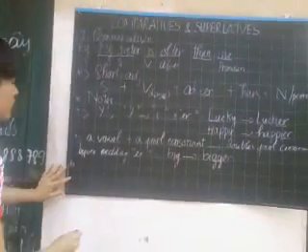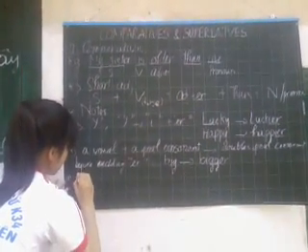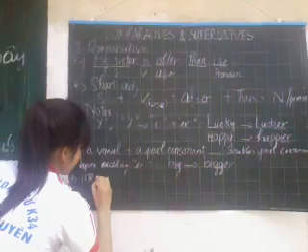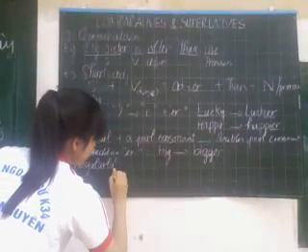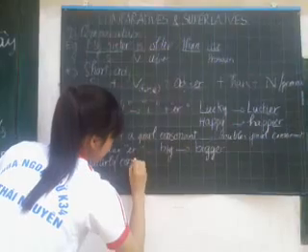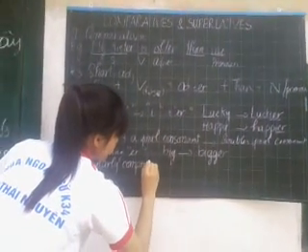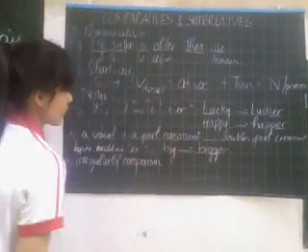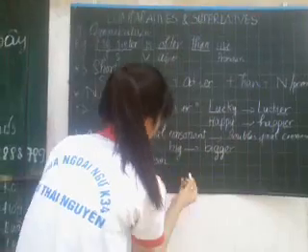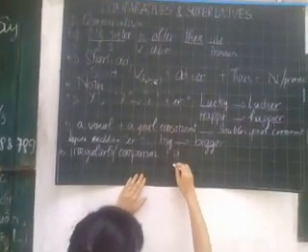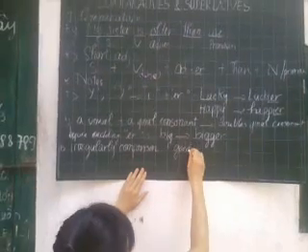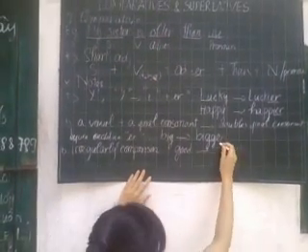Finally, with irregular comparison, we have changed the form. For example, the adjective good, we change to better.